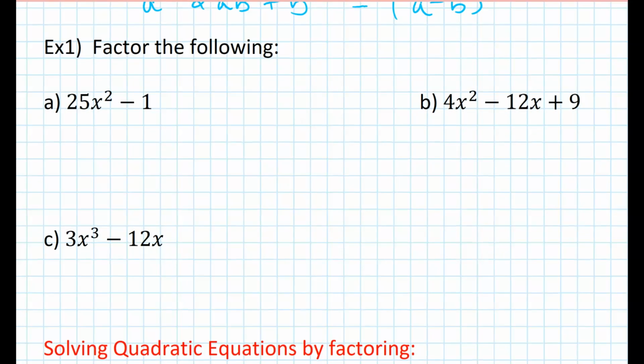Perfect squares. They're both perfect squares. All right, so difference of perfect squares. So I look at the square root of 25x squared is 5x. Square root of 1 is 1, so therefore this is going to factor into the plus and the minus. 5x plus 1 times 5x minus 1.